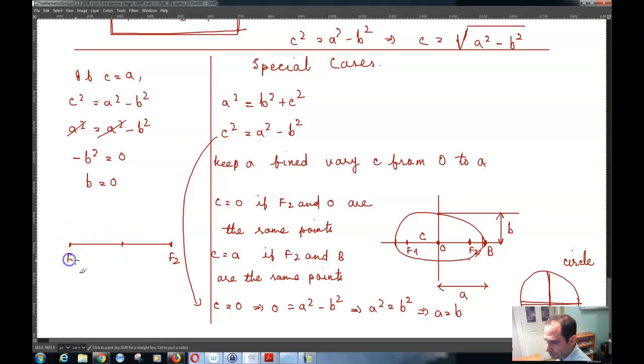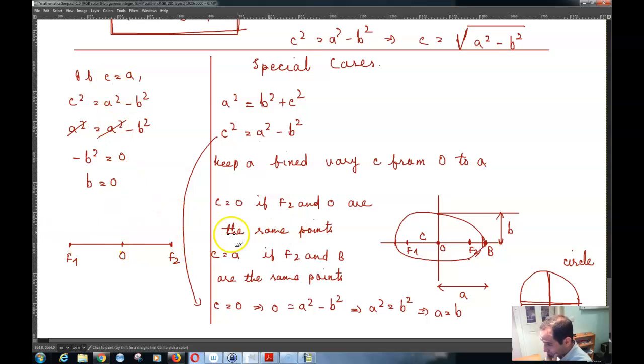This becomes, for example, f1, and this point is O, and that is basically what you get. So then you can say that your ellipse basically reduces to a line segment f1, f2 joining the two foci.